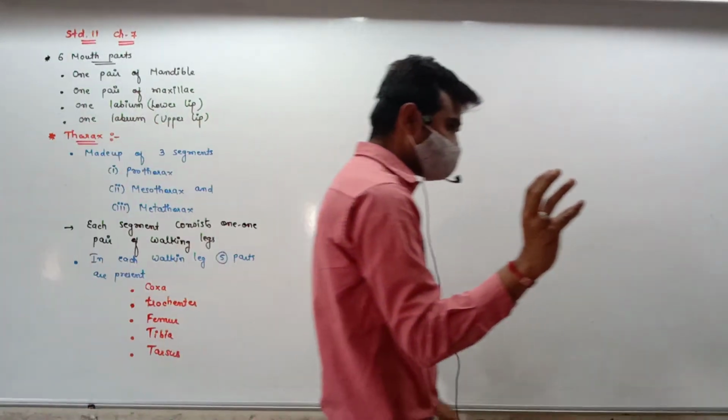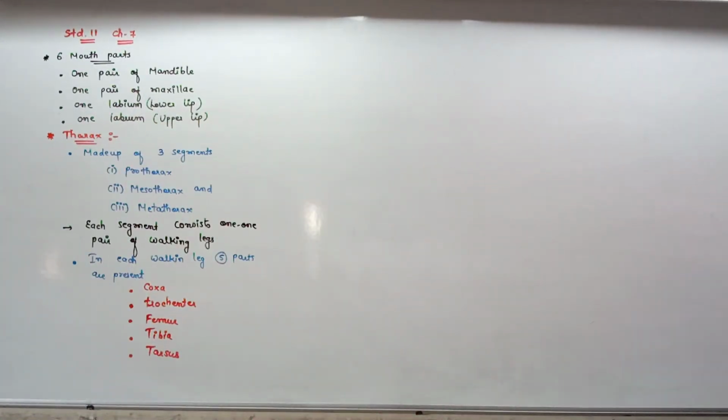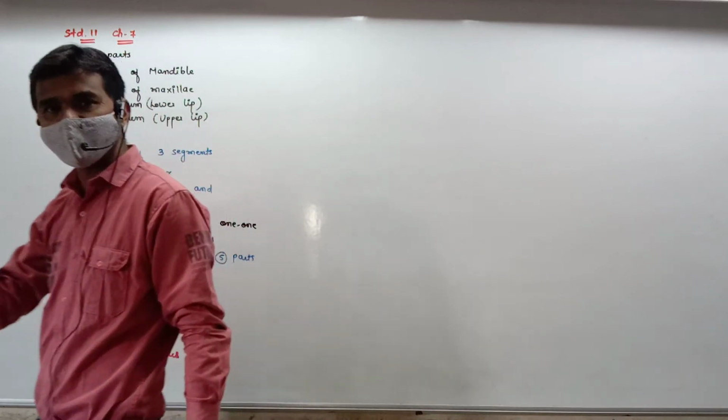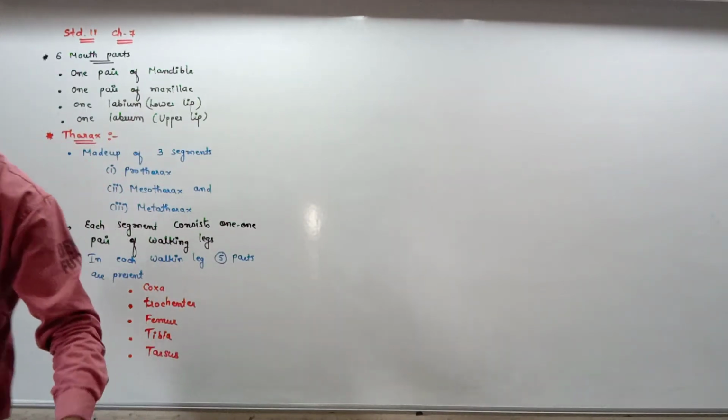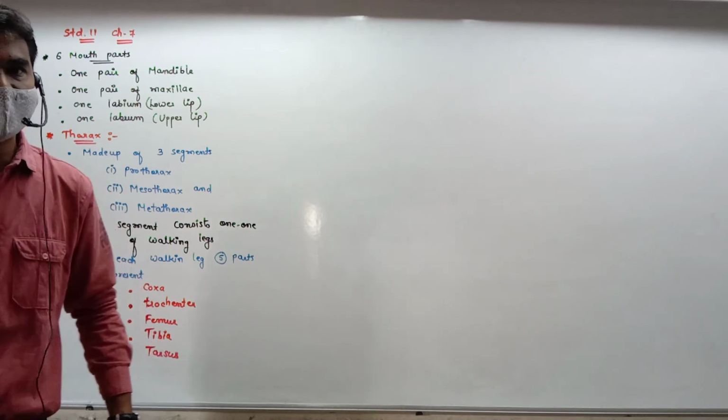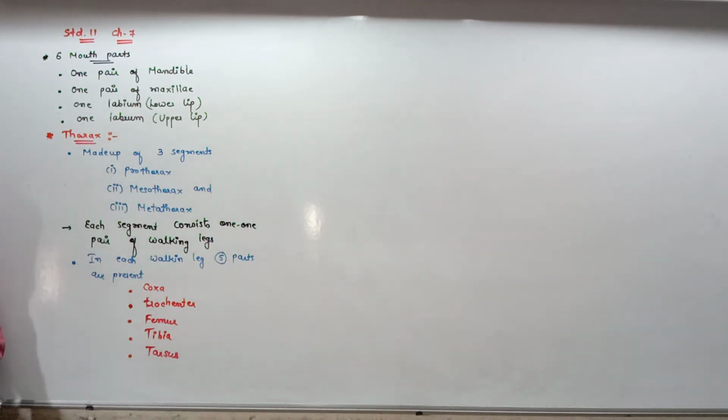Coxa, trochanter, femur, tibia and tarsus. So these 5 parts are there, all in this sequential manner. And as you know, the femur is in the thigh region, right? And the tibia is the shin bone.